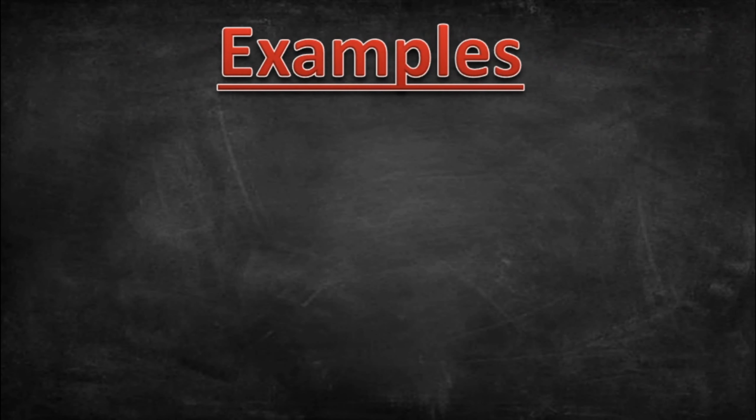We want to look at two examples of importance based on this law. These are examples that a lot of students often get wrong. The first one is 5x to the 0. Now, note that the power 0 applies only to the x and not to the 5.